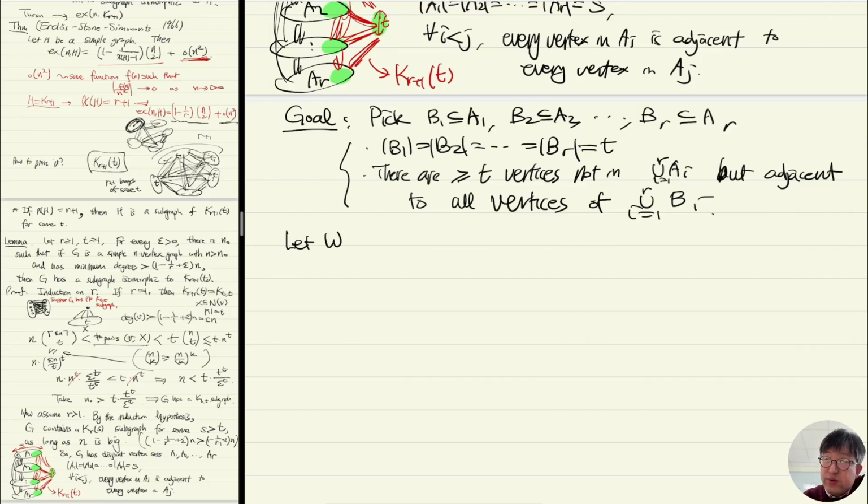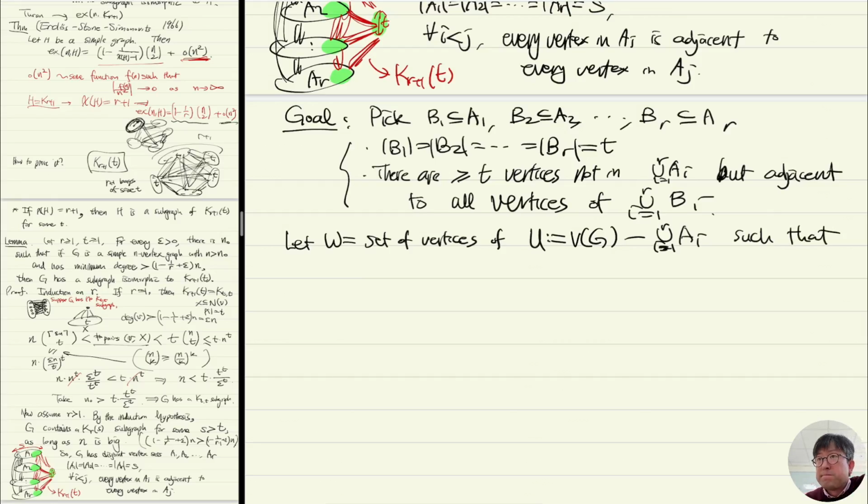So let W be the set of vertices of U, which is V(G) minus the union of Ai, such that it has at least T neighbors in each Ai.